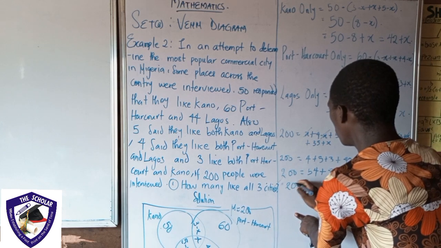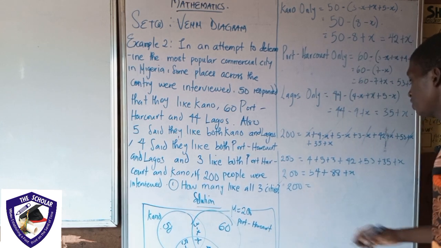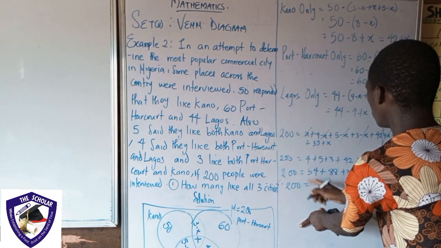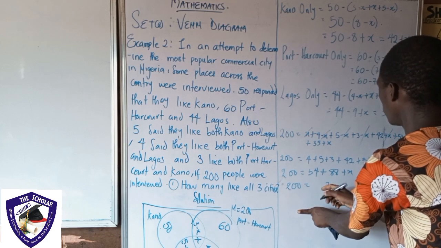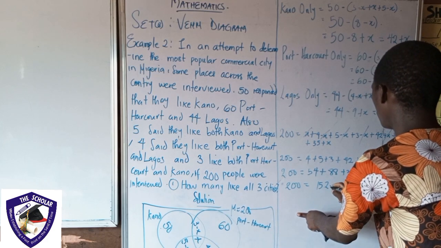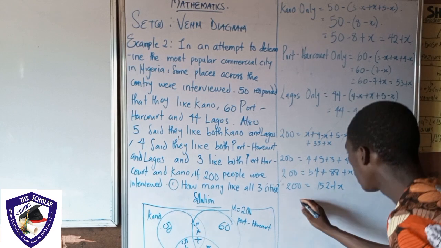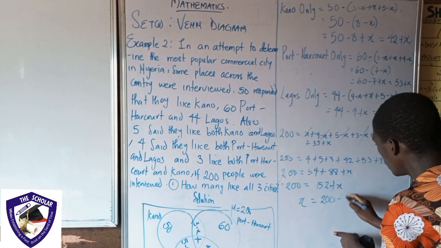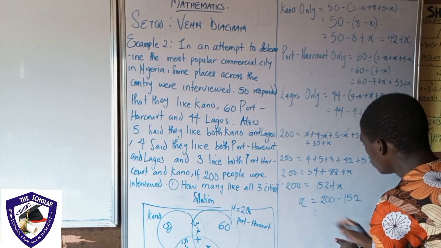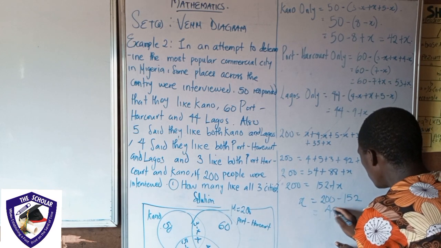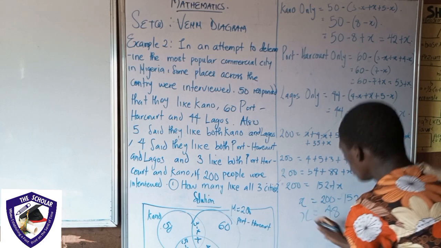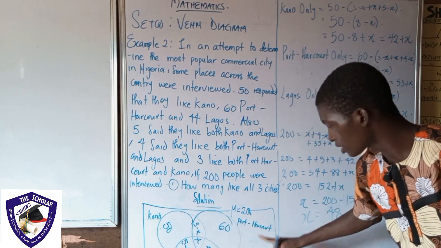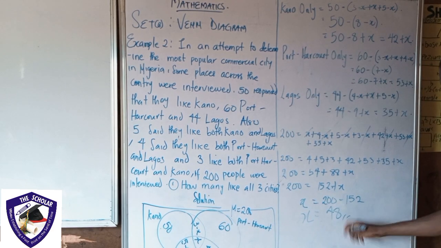So here you have 200 equals 152 plus x. So our x here will just be equivalent to our 200 minus 152, which is equivalent to 48. So therefore, those that like Kano, Port Harcourt, and Lagos are 48.